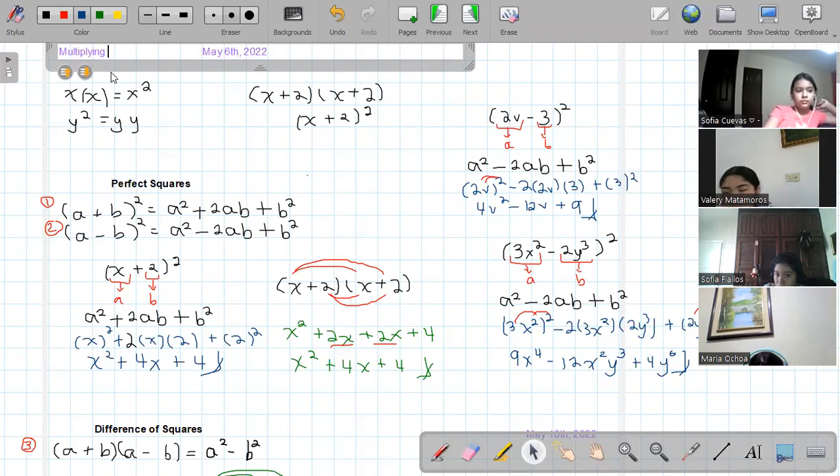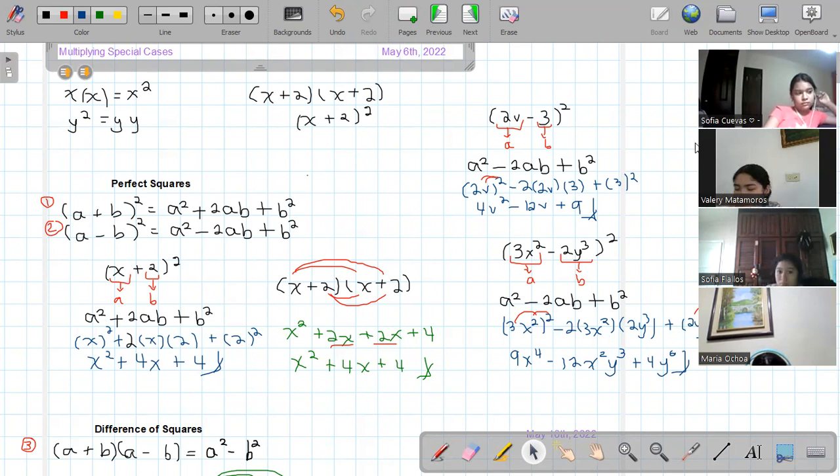What is that difference of squares? They are called what? Special? I gave you a name today. Special cases. All of these 3 formulas are called special cases.